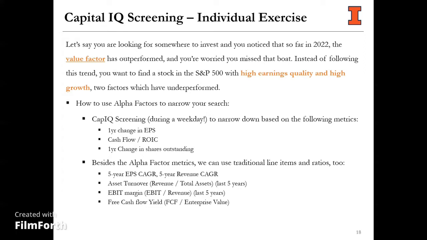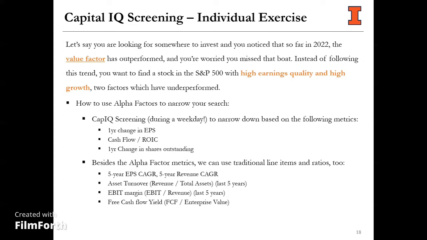So let's say you're looking for somewhere to invest, and you notice that so far in 2022, the value factor outperformed, based on that mosaic we showed earlier. And you're a little worried you missed the boat. So you're not going to invest in value stocks. Instead, you want to find a stock in the S&P 500 with really high earnings quality and really high growth.